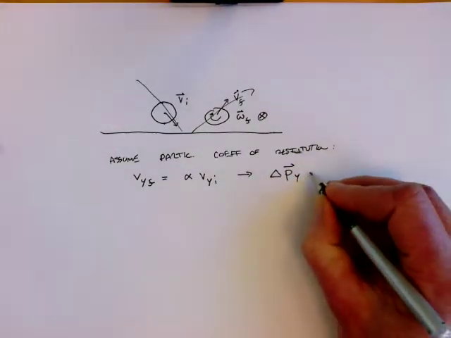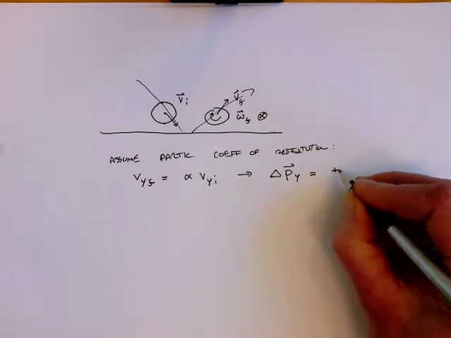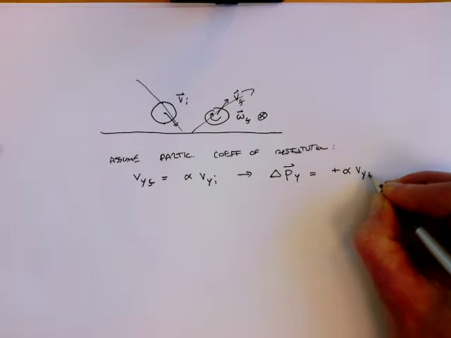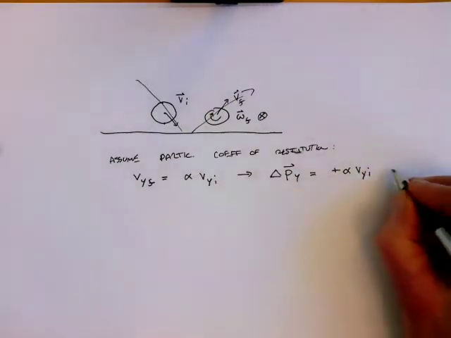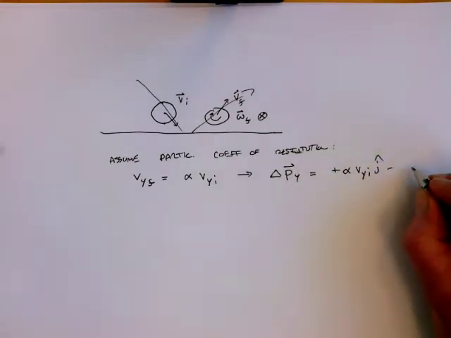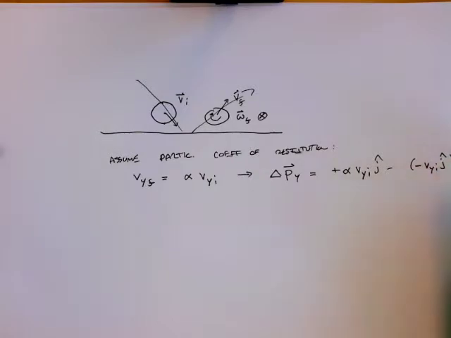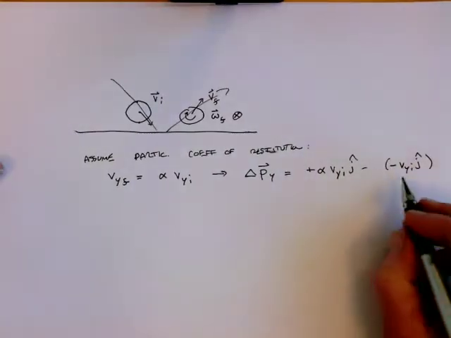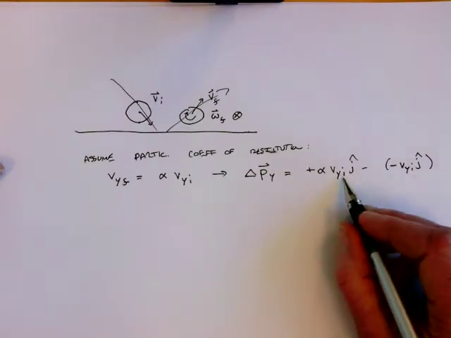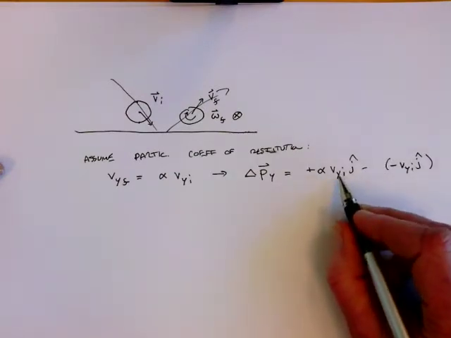The y component of the change in momentum is the final velocity in the y direction, so plus alpha times vy initial, minus what the momentum was in the y direction, so it's in the j hat direction, minus negative vyi j hat, right? Because initially the ball was traveling down at some initial velocity in the y direction. Afterwards it's traveling up at some fraction of that velocity in the y direction.